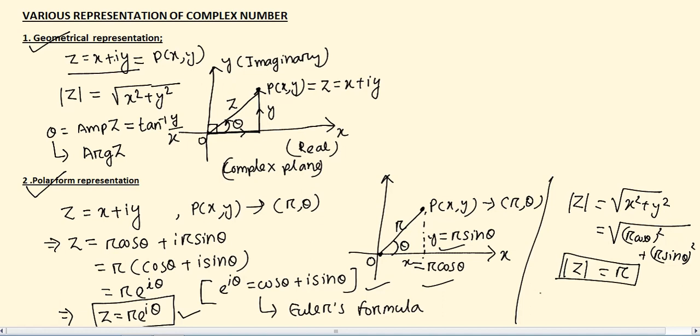So finally from the polar representation we got z equal to r e to the power i theta, mod z equal to r, and we already know the amplitude of z is given by tan inverse y upon x. So these are important results you have to remember.